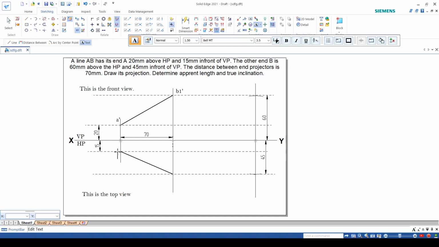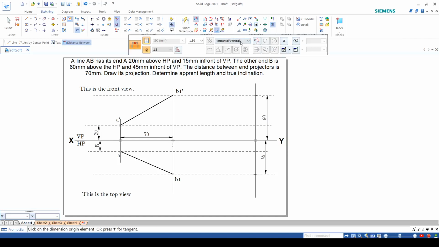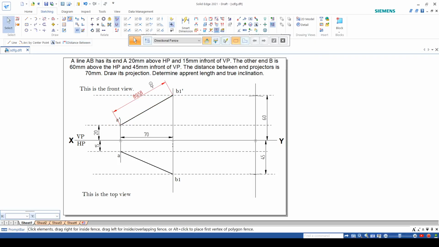It's not the actual line, it's the projection, so it's B1. Now we have to mark the projection's length, so measure this with a scale. Here I would just measure it from this one. So it's 85.5.